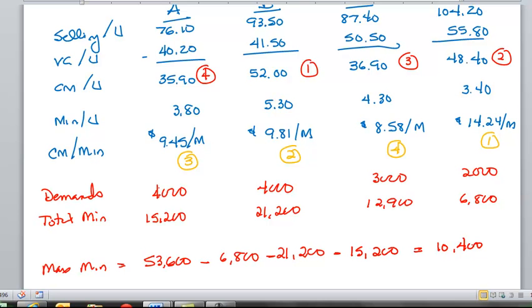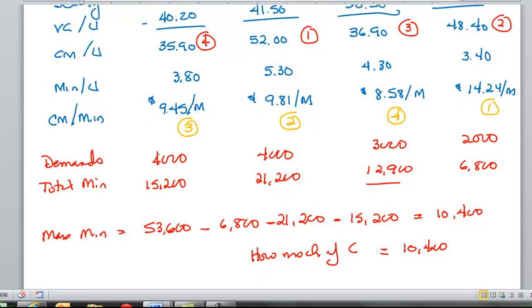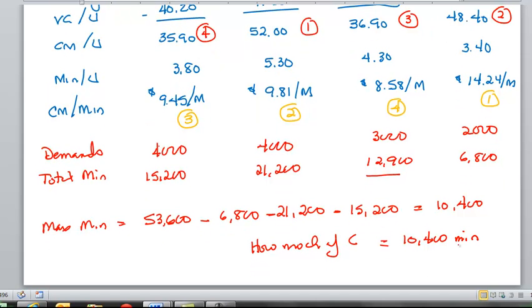And our last product needs a total of 12,900 minutes. So, how much of C equals 10,400 minutes? We're going to divide it by minutes per unit.